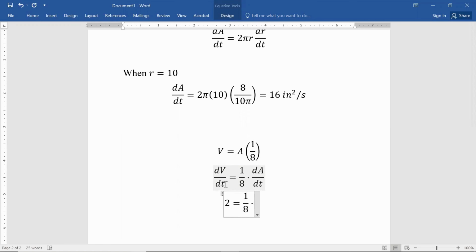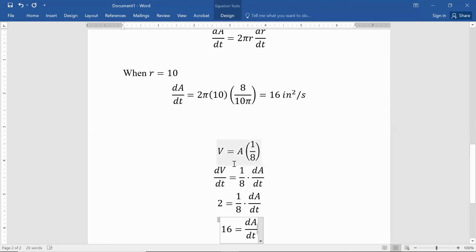And the change in area was the thing we were trying to find. So if I multiply both sides by 8, I also would have gotten 16 is equal to the change in area with respect to time.